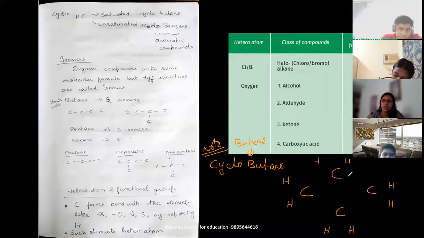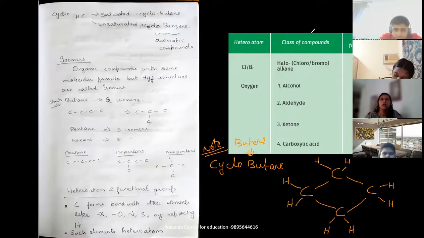So cyclobutane is going to be like this, no? 4 carbons are going to be there. They are linked cyclically, after which we have to give the other hands to the hydrogens. So I'm going to try an easy way out. These are linked using single bonds. Now what I am going to do is just rub this off.